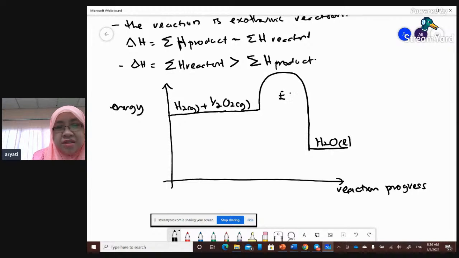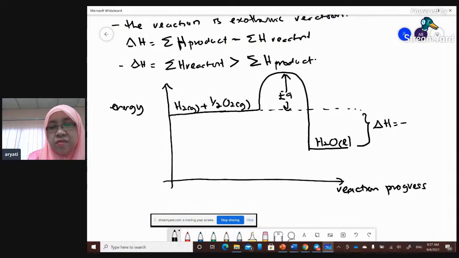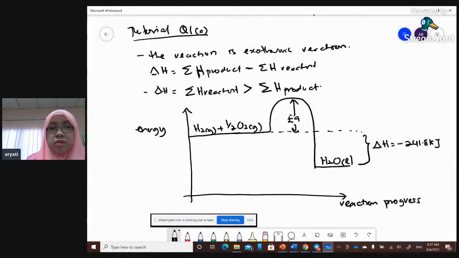This is symbol as EA, activation energy. So this reaction will release heat to the surrounding as much as delta H is negative 241.8 kilojoule. So this is the answer for tutorial question number 1A.